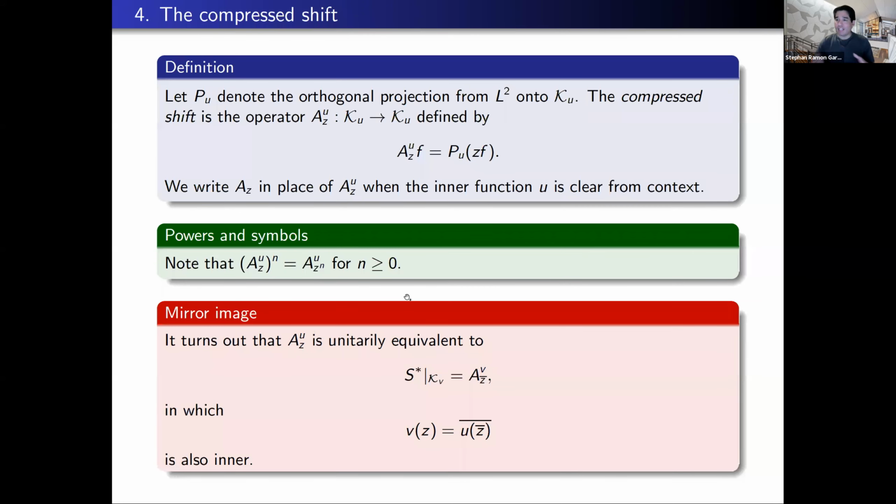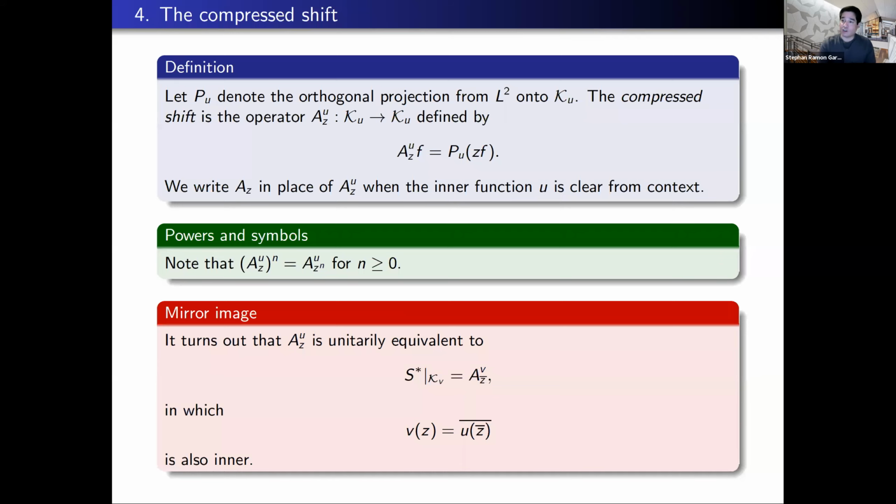Now, if you like the backward shift more, you can always work with a backward shift, because it turns out this compression of the shift operator to a model space is actually the backward shift restricted to a different model space. That's strange, because normally we think of the forward shift and the backward shift as very different operators. They have very different properties. They're adjoints of each other, but they're weird operators, and they're the standard counterexamples for basically everything.